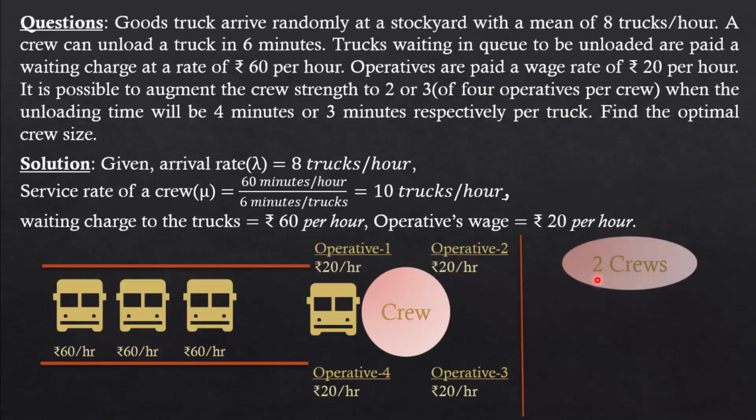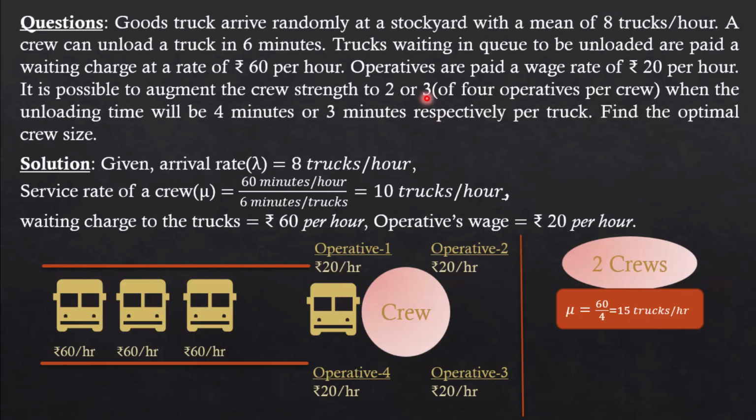Now what it is asking is, there is a possibility to have 2 crews. When we have 2 crews, the service time changes from 6 minutes to 4 minutes, so our new service rate is 15 trucks per hour.